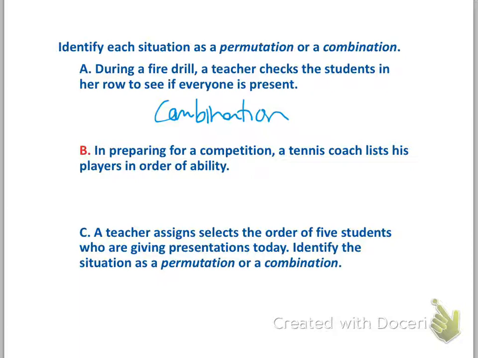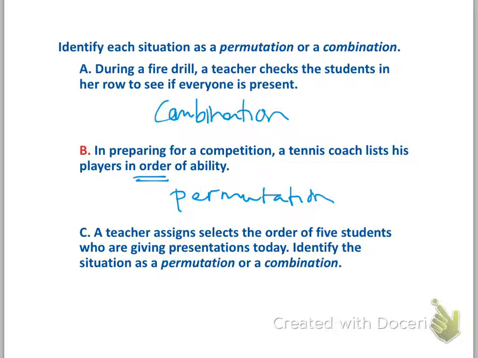Okay, letter B. In preparing for a competition, a tennis coach lists his players in order of ability. Does the order matter? You bet it matters. The first person is the best, and the last person is the worst. So the order in which you're placed is really important. That's a permutation. How are we going to remember which one order matters in?